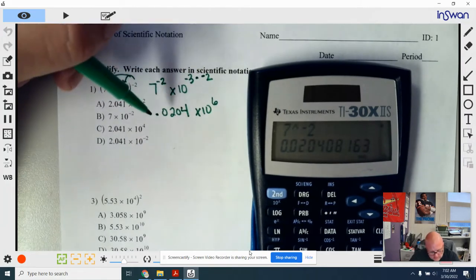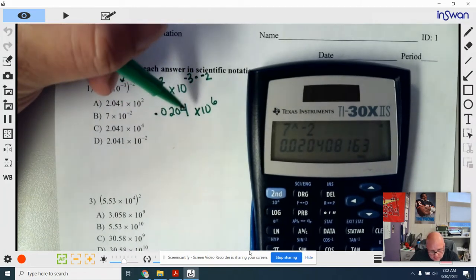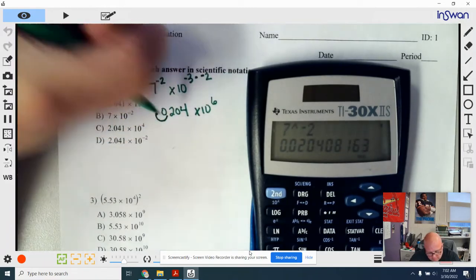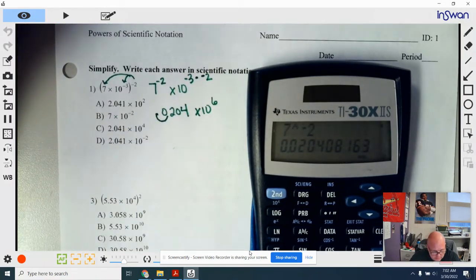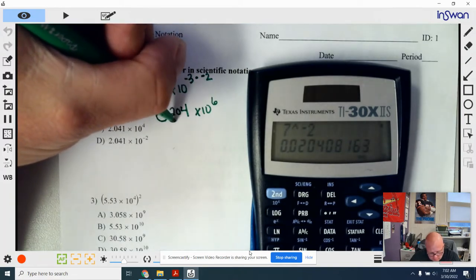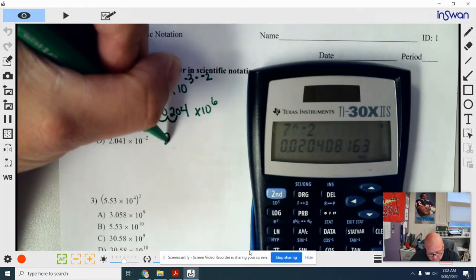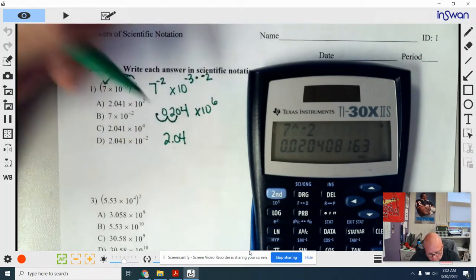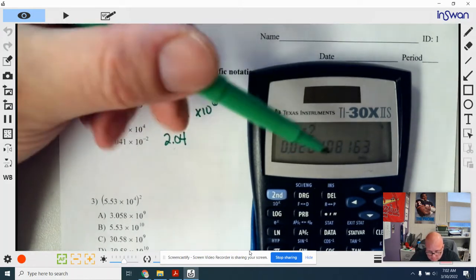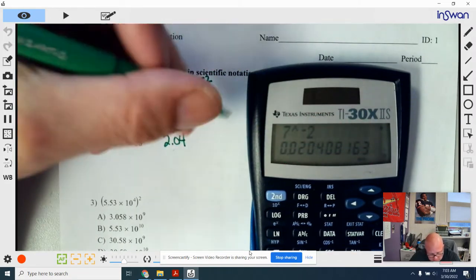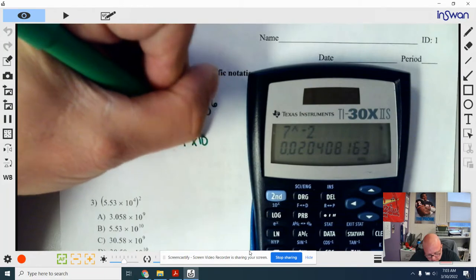Okay, now if you look at this answer, that is way less than 1. So that decimal has to move. If I move it once, you're at 0.204. Move it twice, you're at 2.04, which is okay for the base number. So it's going to be 2.04 roughly. I know there's more to it because you have all this back here, and we've just kind of rounded it off. Times 10.